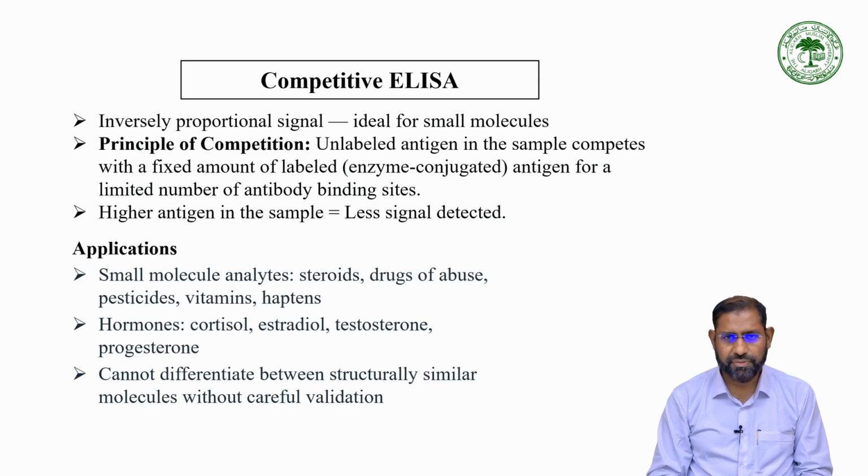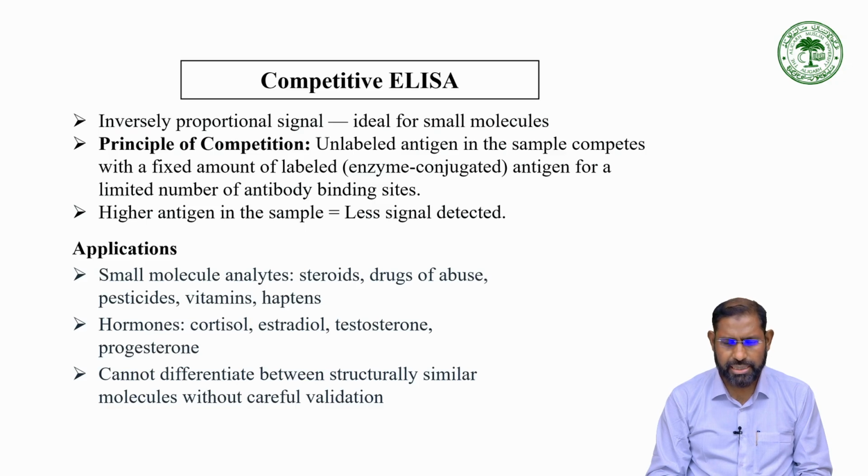Now the competitive ELISA. It gives an inversely proportional signal and is ideal for small molecules. What is the principle of competition? Unlabeled antigen in the sample competes with a fixed amount of labeled, enzyme-conjugated antigen for a limited number of antibody binding sites.